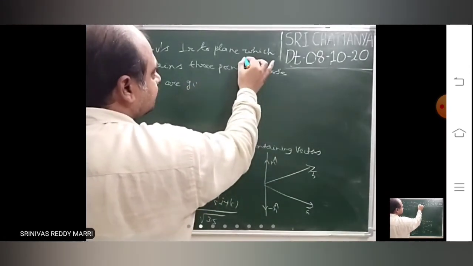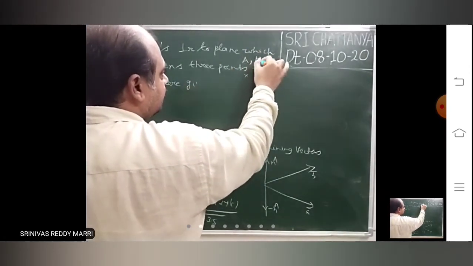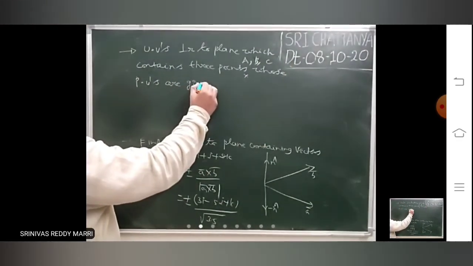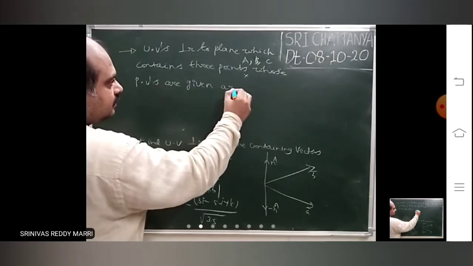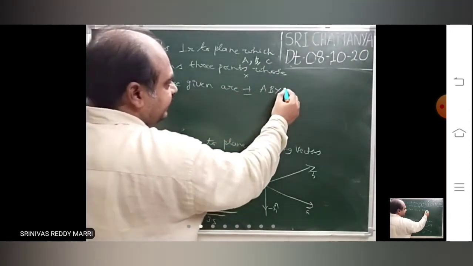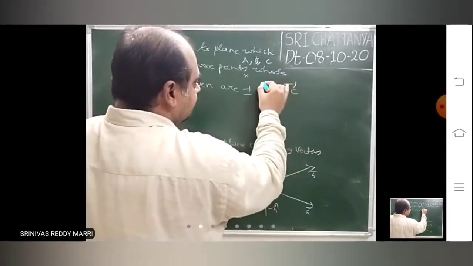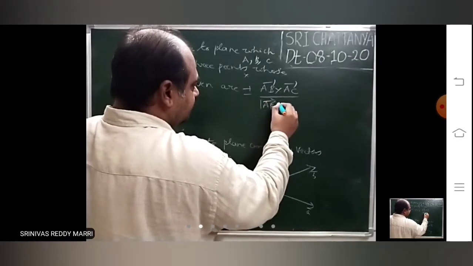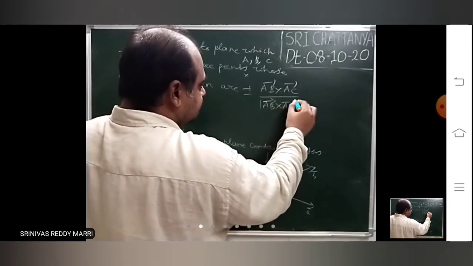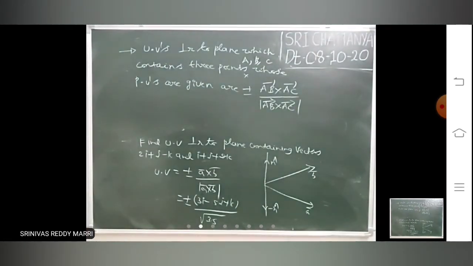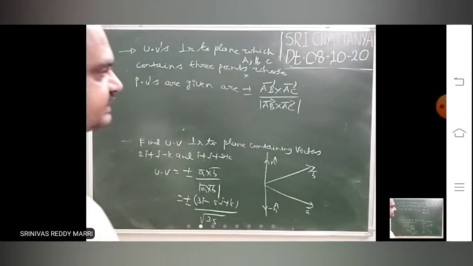Let us say the 3 points are A, B, C, whose position vectors are given. What are those unit vectors? If 3 points are given on the plane, then the formula is AB bar cross AC bar divided by modulus of AB bar cross AC bar.